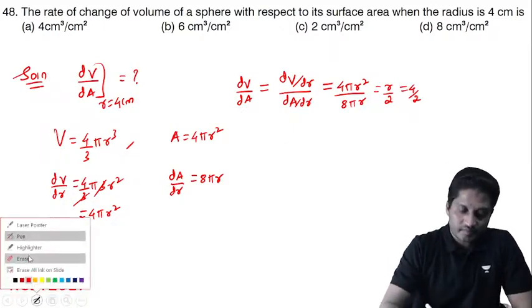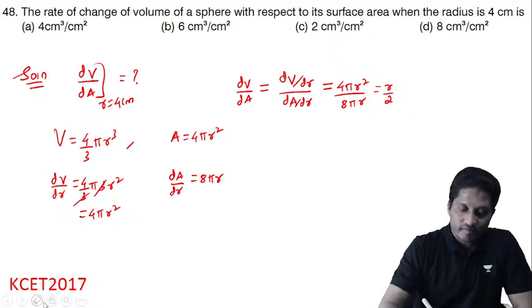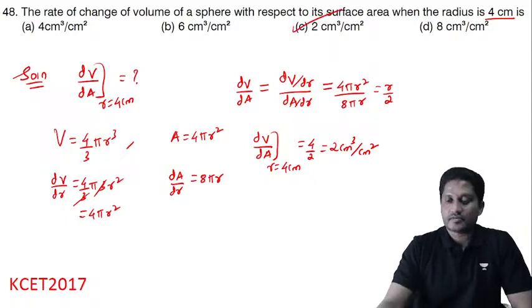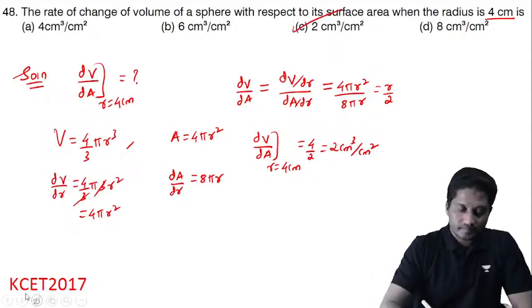Let me write in the next step. dV by dA, when radius is equal to 4 centimeter, will be equal to 4 upon 2, which is equal to 2. Volume is centimeter cube, area is centimeter square. So 2 centimeter cube by centimeter square. Answer is option C.